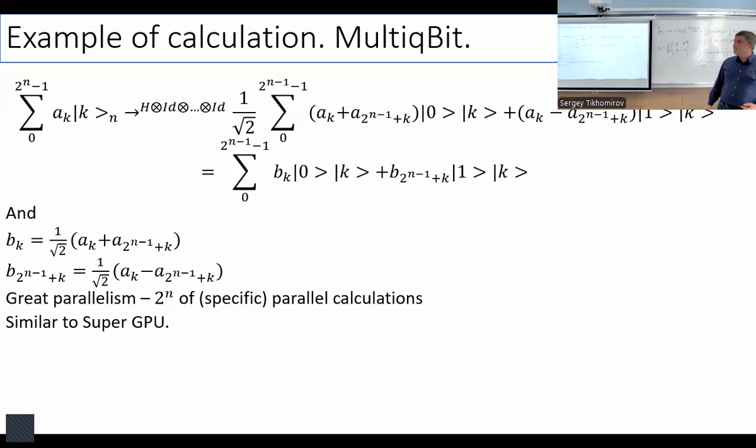At the same time, I'm still restricted by the unitarity rule: if I calculate sums somewhere, I should calculate differences somewhere else. About this parallelism, how does the computation time depend on the number of these? It doesn't depend. So you can take millions.